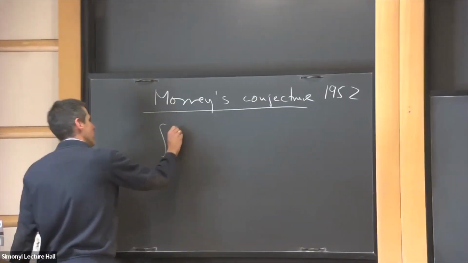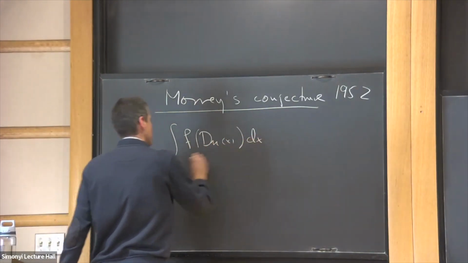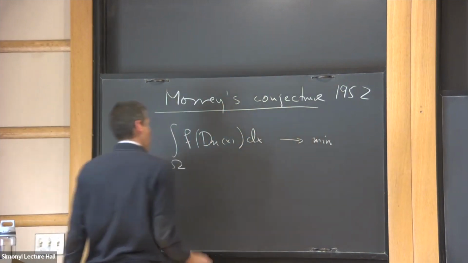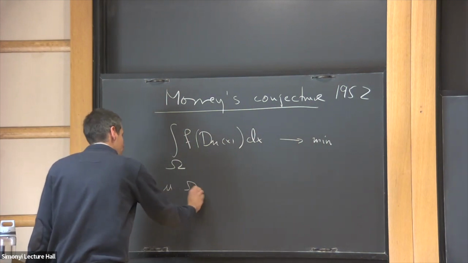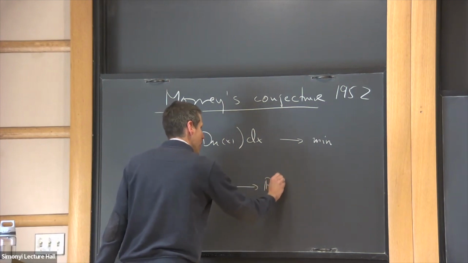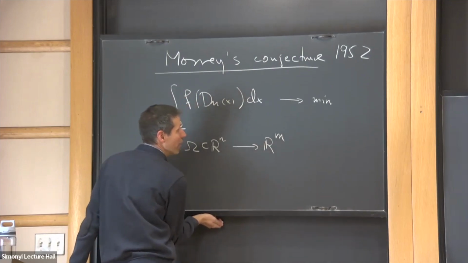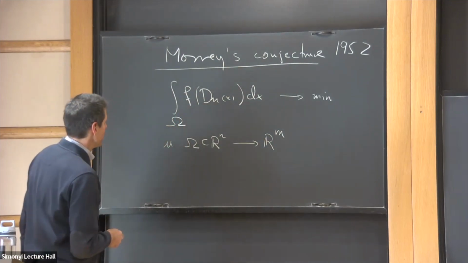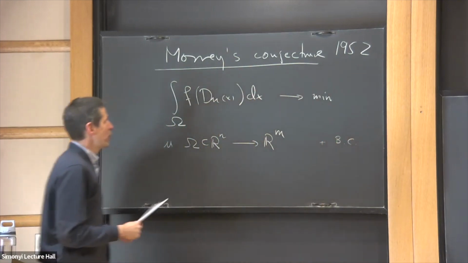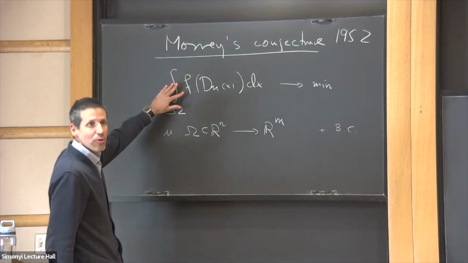So the integral in the simplest form is something like this, where we're looking for its minimum over mappings from some domain in Rn to Rm, and mostly the question is interesting if m is bigger than 1, and maybe plus boundary conditions. So this is the variational problem, and the question is, what is the sort of convexity type condition on F?